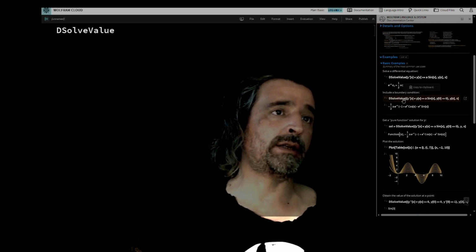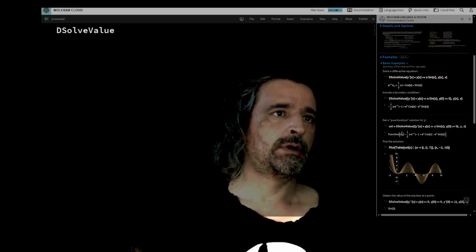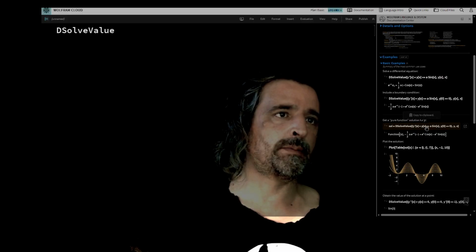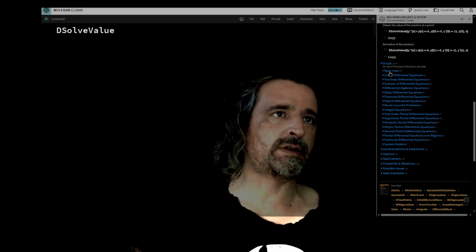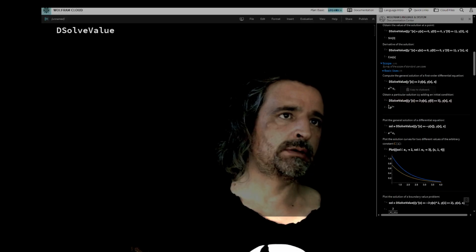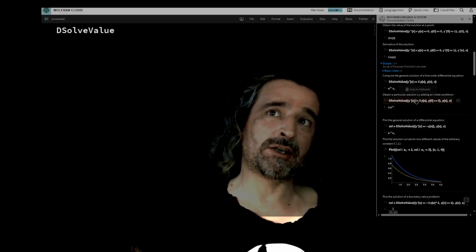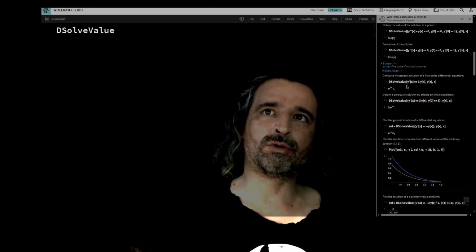So you can already get an example. That's pretty cool. Here is the scope, basic uses, boom, some example, how to do it. Particular solution, general solution. That's something that you are going to need to do.